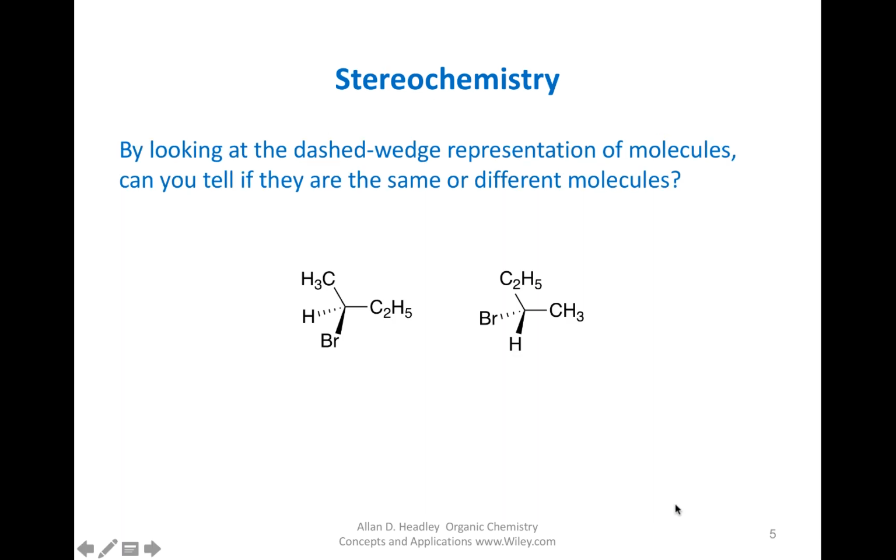The question now becomes, can you apply the knowledge that you have gained in the dashed wedge method of representing molecules? So here are two molecules using the dash and wedge, and of course in the plane, and the same groups are bonded to that carbon.